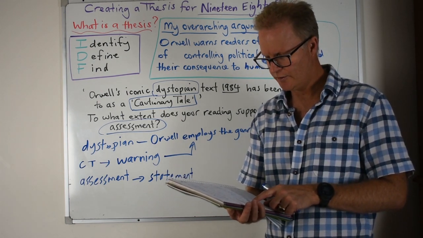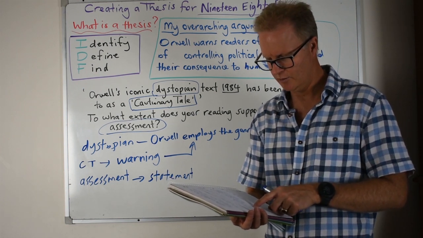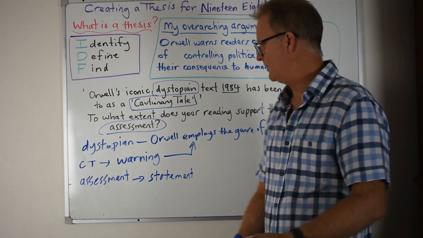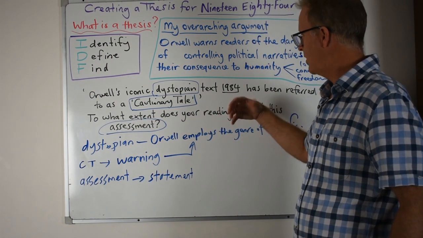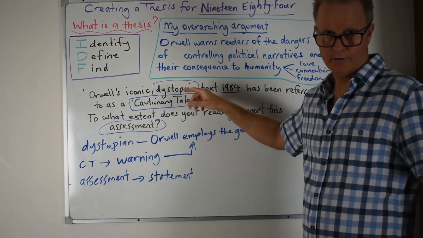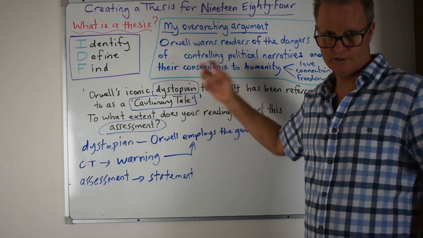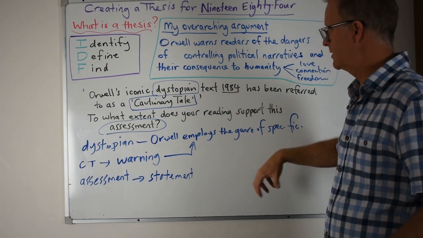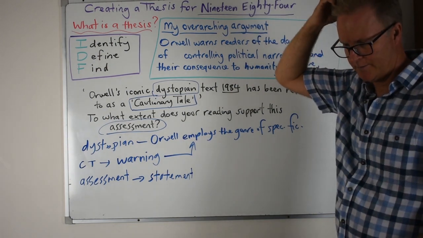His choice of genre both warns readers and challenges them to consider the perils of political ideology in their world. So it's excellent. To what extent? Well, I agree with it totally, and not only is it apparent in the novel, but it challenges readers to apply that to their own world. And so there we go, we're back to the overarching argument.